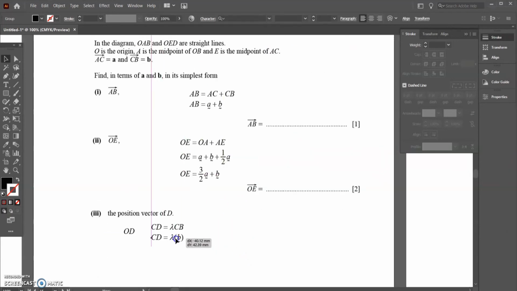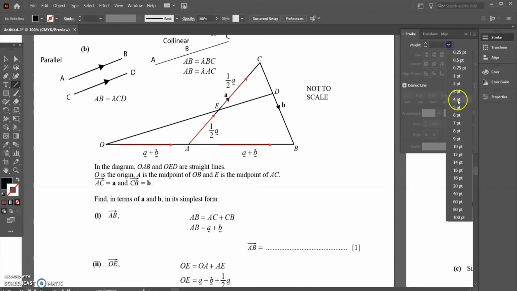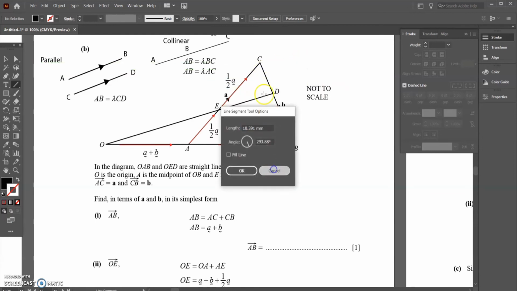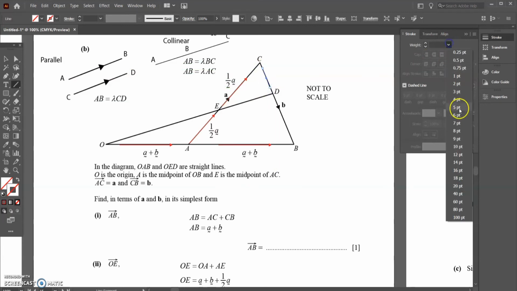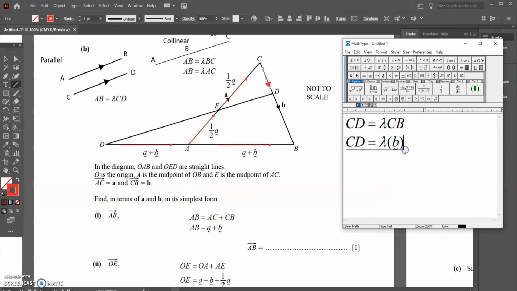From here I know that this part, from C to D, is lambda B. This is lambda B. So I'm going to write it as lambda B. That's the part here.